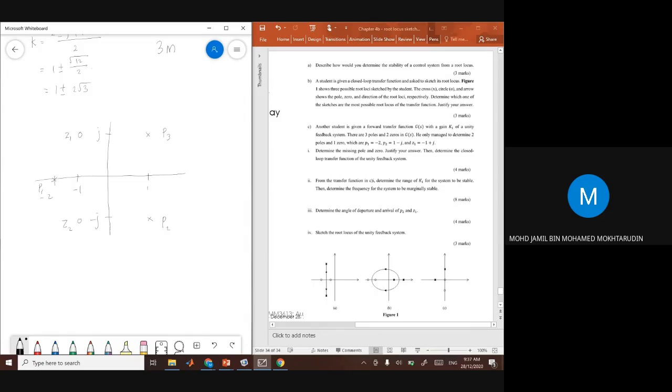So you need to determine the angle from all of the poles and zeros to the pole P2.